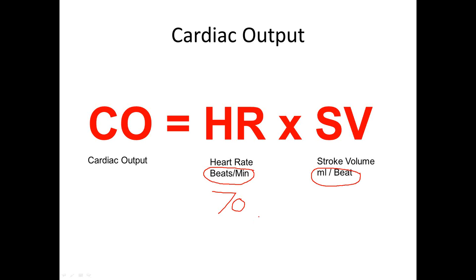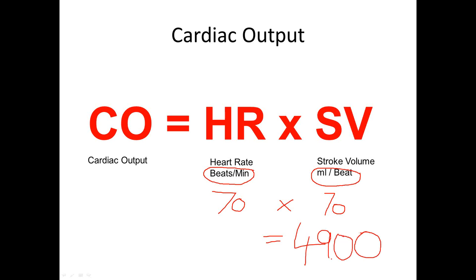So if you've got 70 beats per minute, roughly an average heart rate, and every beat is 70 milliliters, 70 times 70 equals 4,900.